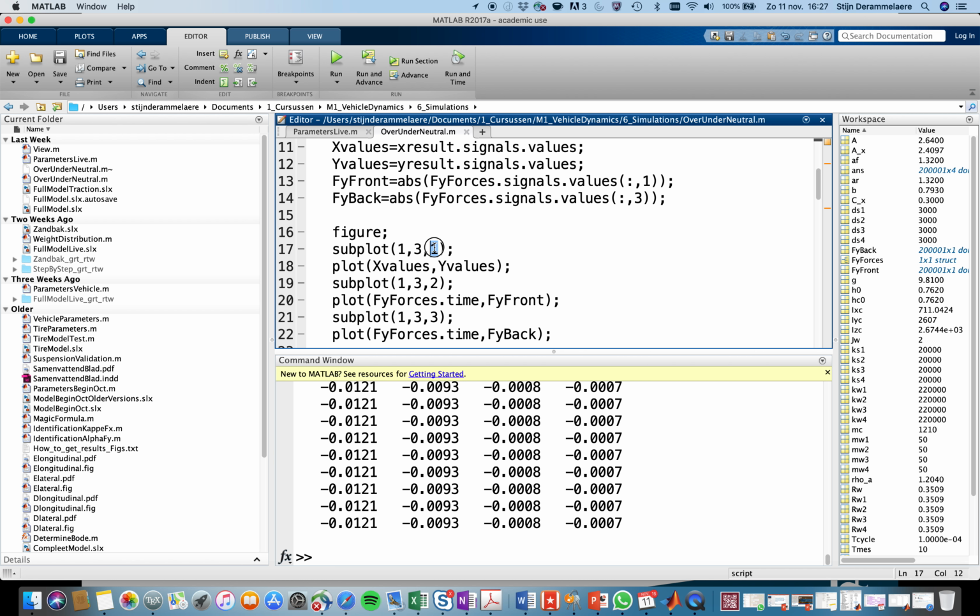And here we're calling the first graph. 1 row, 3 columns, we want to consider the first. And there we plot the x values against the y values. In the second subplot, 1 row, 3 columns, second subplot, we will plot the front forces. And in the third and last subplot, we will plot the back forces.